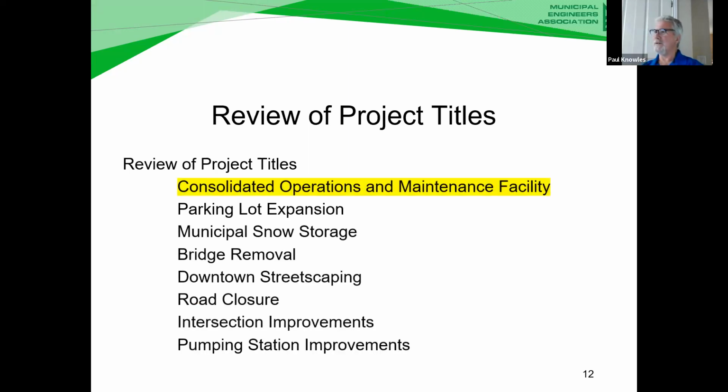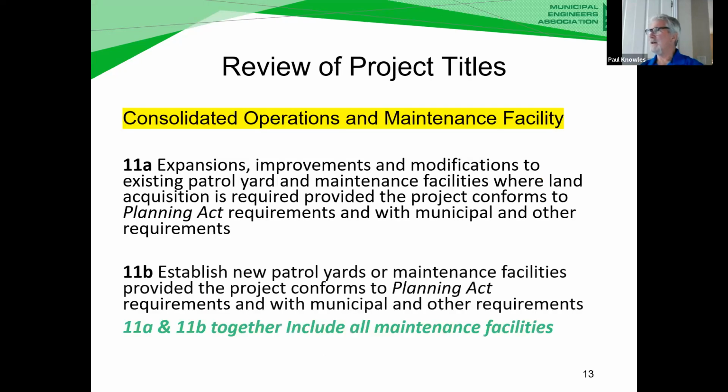There are again some projects that do fall within the Class EA, but are likely to be exempt, such as the consolidated operations and maintenance facility, for example. If you look at 11A and 11B here, the expansions, improvements, establishing a new patrol yard, maintenance facilities, they're all covered as Schedule A plus.